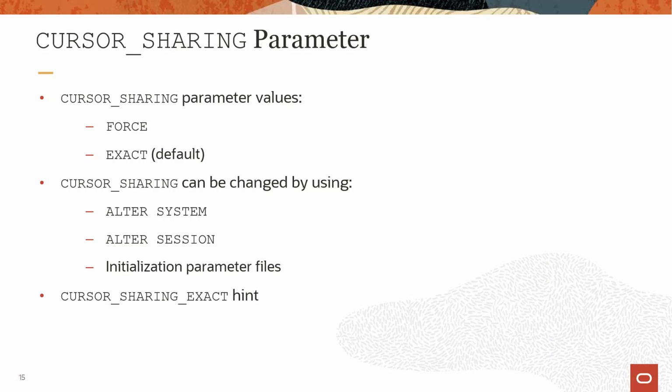You also have the possibility to force exact cursor sharing by means of the cursor_sharing exact hint that you can embed within your SQL query. Now, cursor sharing means that you're going to use bind variables.